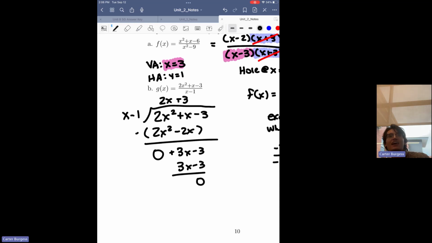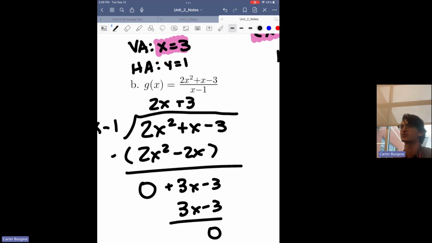So it tells us something about the slant asymptote for sure. In particular, what is the error if the remainder is the error between what my function is and what it's trying to be? What is the error between my function and 2x plus 3? There is no error.